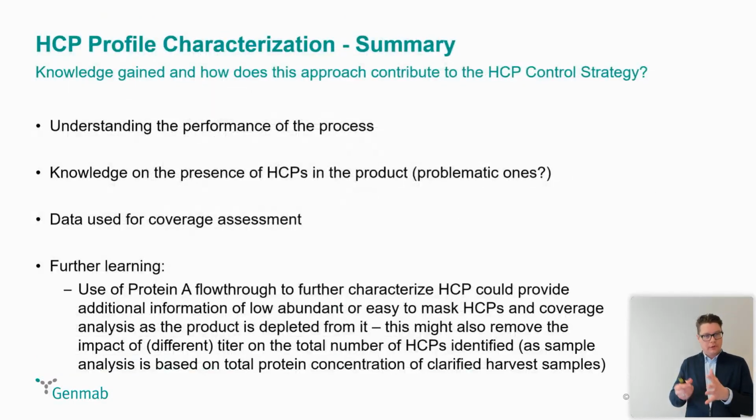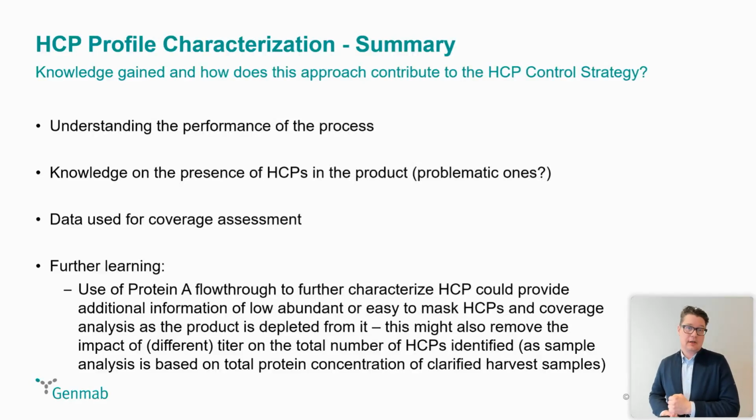So what did we understand from this? How does this approach contribute to our HCP control strategy? Well, first of all, very importantly, it showed how our process performs. If we had a different result, that our process was less efficient in removing HCPs, we would have had a chance there to optimize the process.